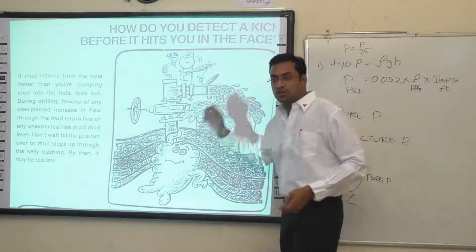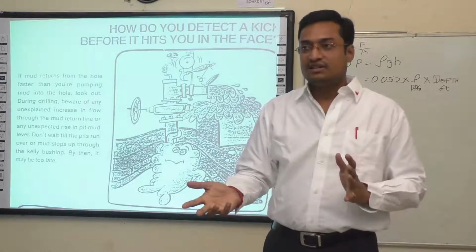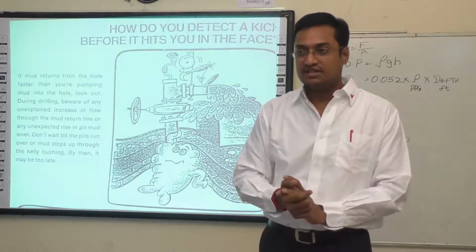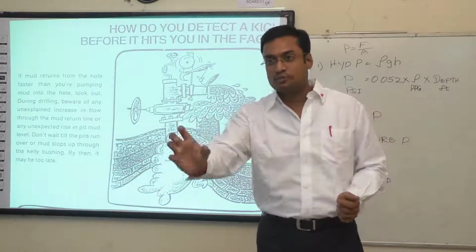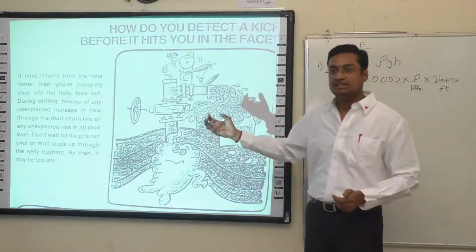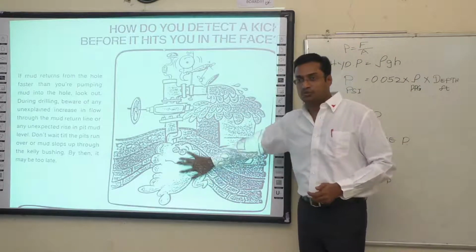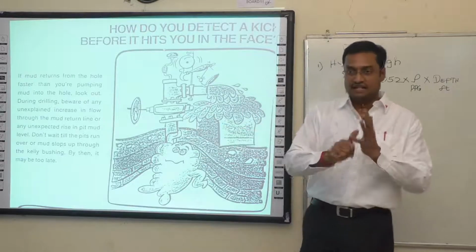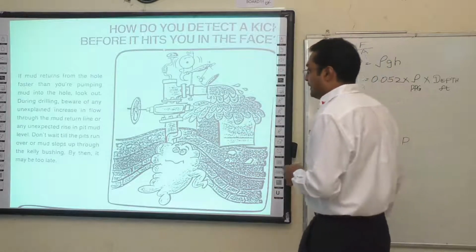But if you are getting 280 gallons of drilling fluid, that means there is some pressure difference. The flow rate is higher. You are pumping 250, you are getting 280. That means something else is happening down below, which is pushing out more fluids. That is the indication.